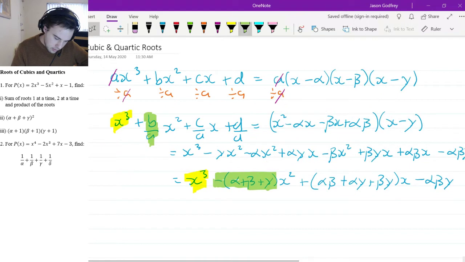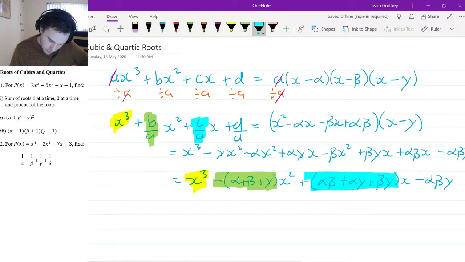But if you look at the next coefficient of x, c on a, is the coefficient of x. But this is also kind of like a sum and a product of roots. There's some product of roots, but also sum added together. So this one in the green is called the sum of the roots one at a time.